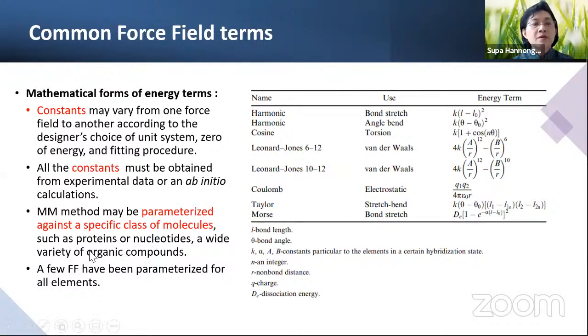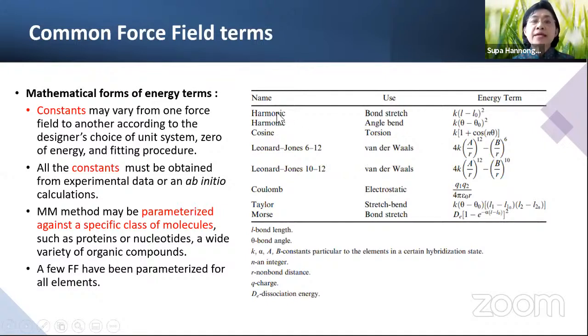For example, molecular mechanics parameterization for protein systems, for nucleotides, for a wide variety of organic compounds. Okay, they are different. They need specific constants to reproduce the experimental data. Sometimes force field methods have been parameterized for all elements, but very few. It is not easy to predict for all elements.